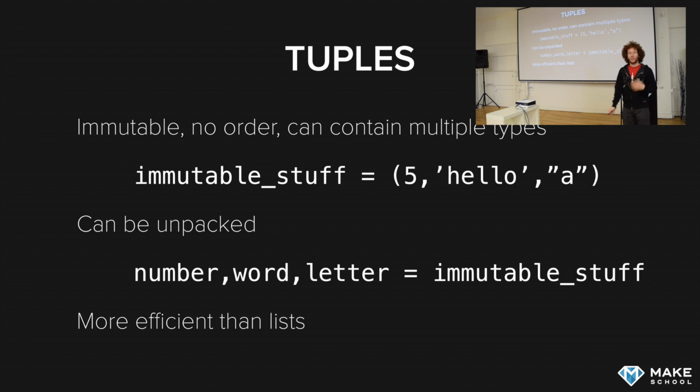There's an operation you can do in a tuple called unpacking it, which is the first of many Python magical syntaxes that are difficult to understand if you don't know explicitly what they do. So this Python, number, comma, word, comma, letter equals immutable stuff, will assign number to 5, word to hello, and letter to A. Okay?